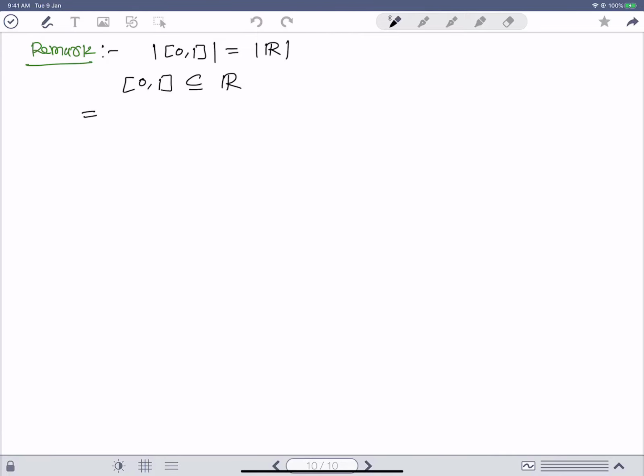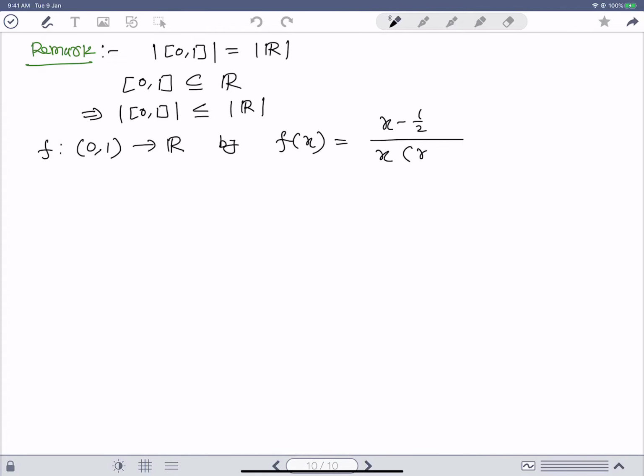Therefore we can easily say that the cardinality of the closed interval [0,1] is less than or equal to the cardinality of R, right? Now again we have a function f from the open interval (0,1) to R, which we can define by f of x equal to (x minus half) by (x minus 1). Now you can easily check that f is a bijection.